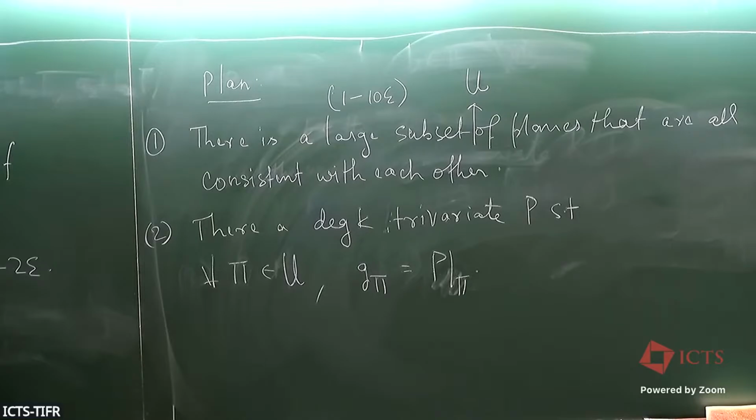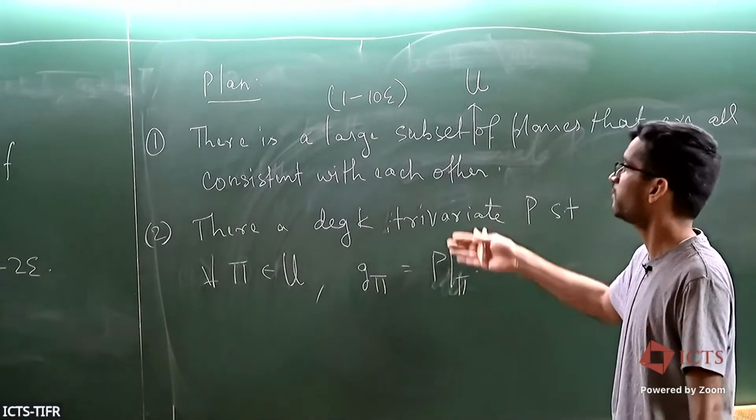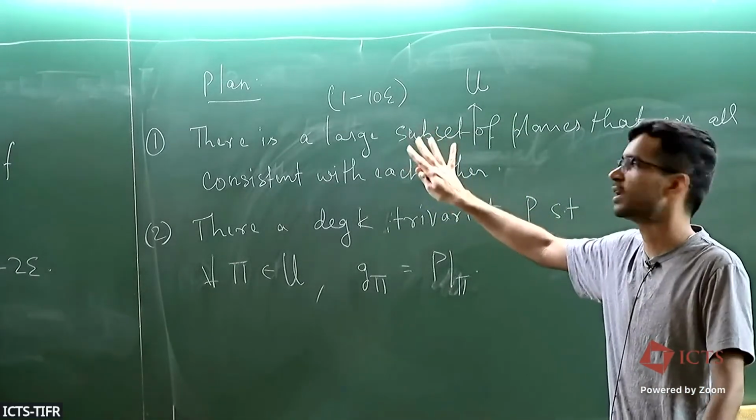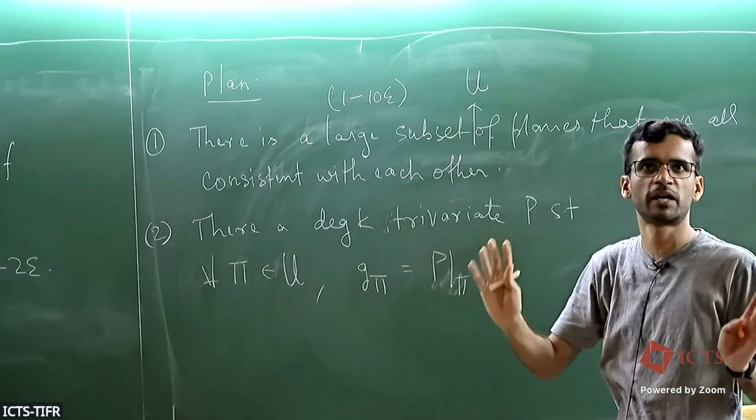So we want to say that this degree k trivariate P that we have somehow gotten our hands on actually agrees with F at a large number of locations. Why is that true? P clearly agrees with F everywhere on every point in the union of these planes. And since this collection is really large, the union of these planes will be practically everything.